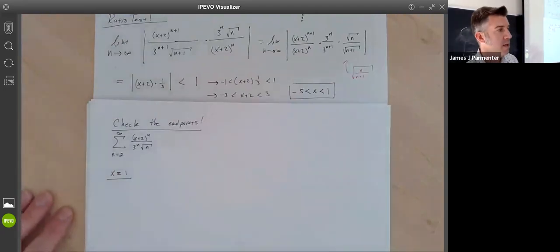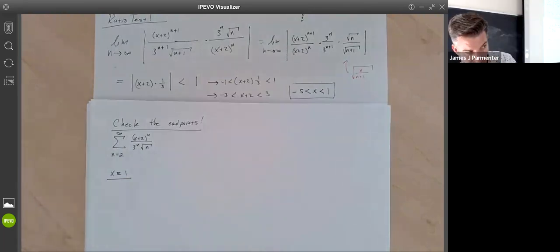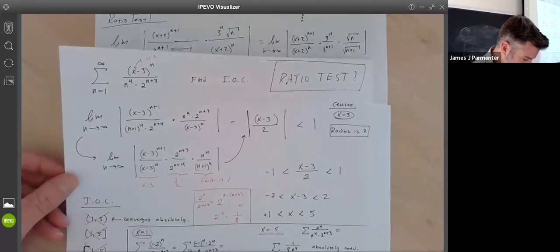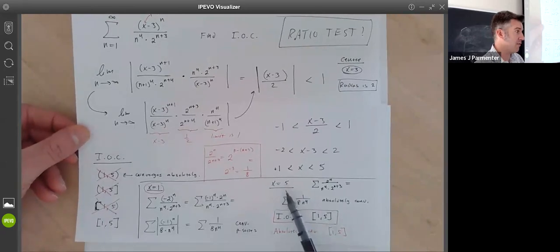And here's why. If you check the one that makes it not alternate first and it converges, then you know that the alternating one's automatically going to converge because it's going to absolutely converge. This is not going to give you that, but like in the previous problem we were doing, sorry, let me go back right now. So in this problem, it actually would have been to my benefit to check the x equals 5 one first.